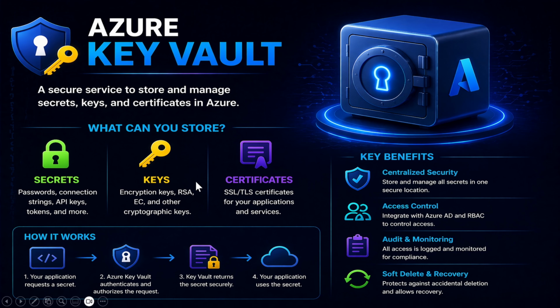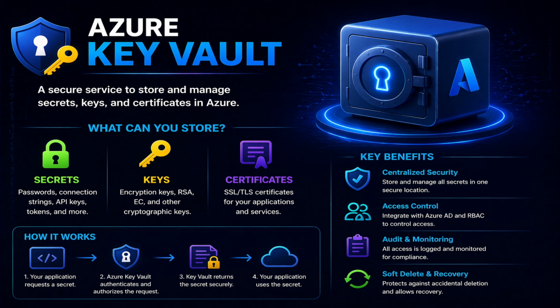On the left side, you can see the main things we can store: secrets, keys, and certificates. And on the right side are some of the biggest benefits. One big advantage is centralized security. Everything stays in one secure location instead of being scattered across scripts and files.